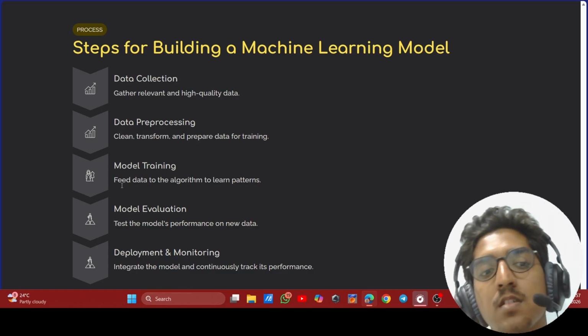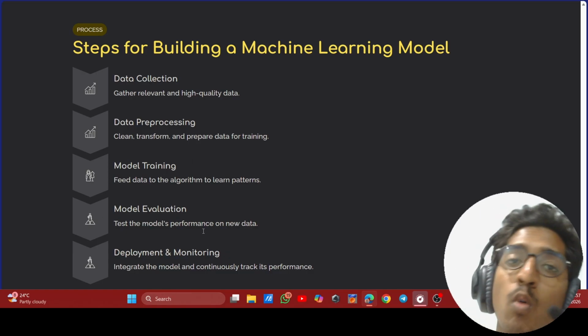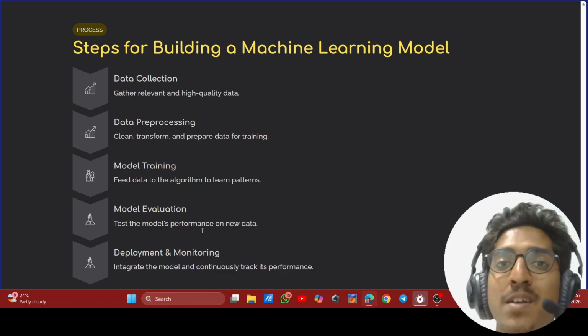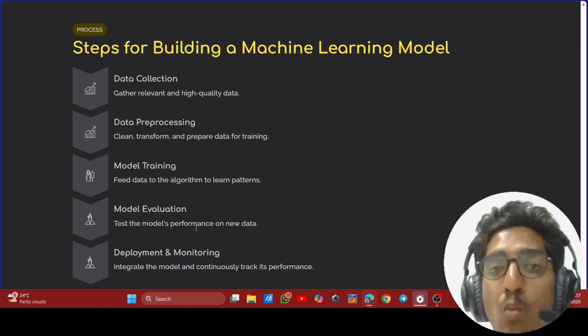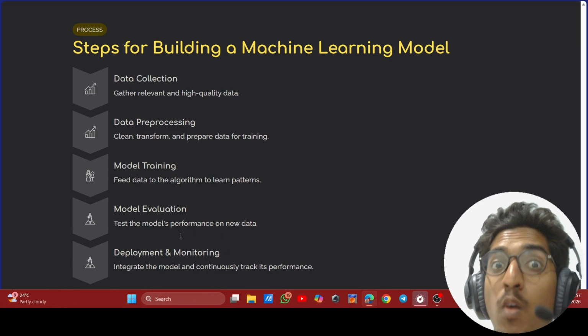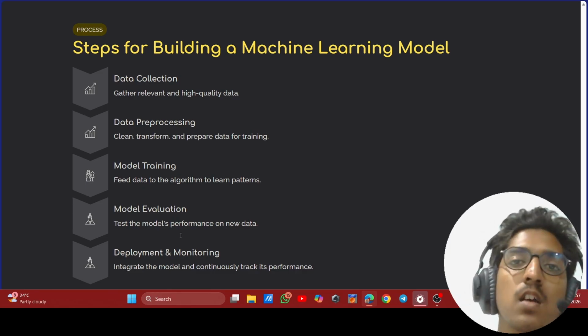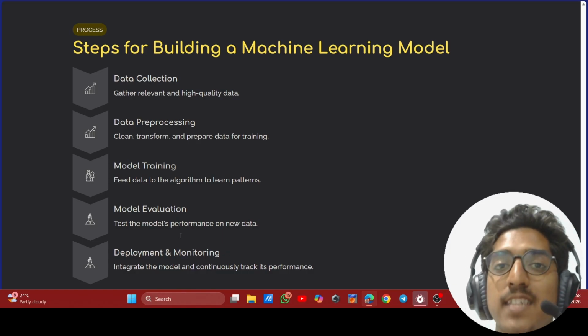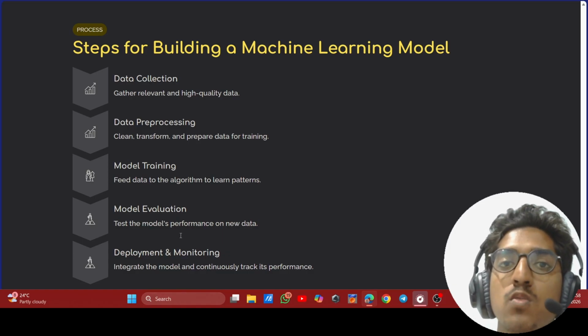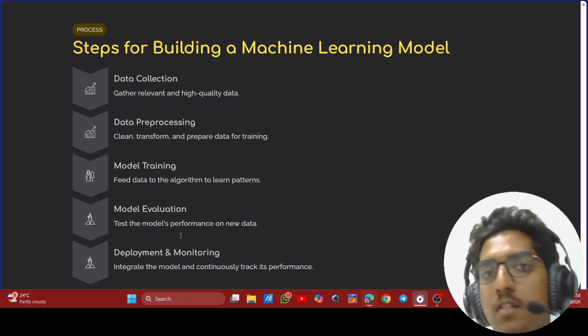The fourth step is model evaluation, which means the model is tested to see whether it is working or not. Then the last step is deployment and monitoring. After deploying and releasing the model, we monitor it, checking how it's working in the real market.